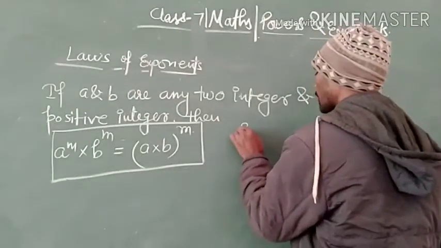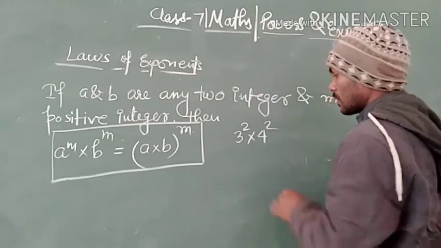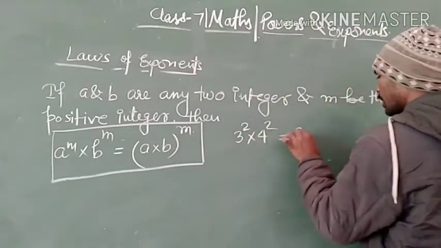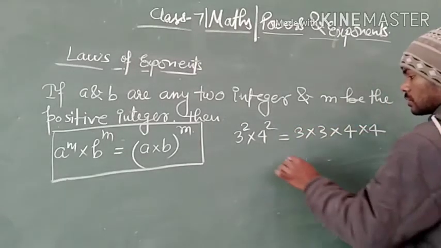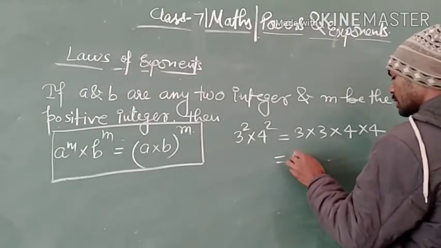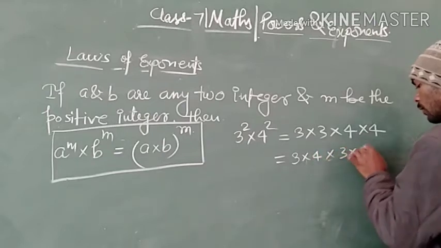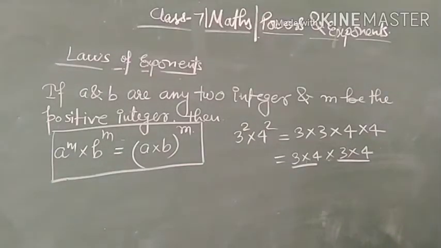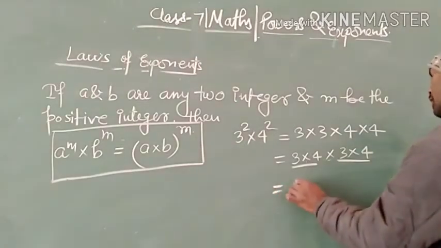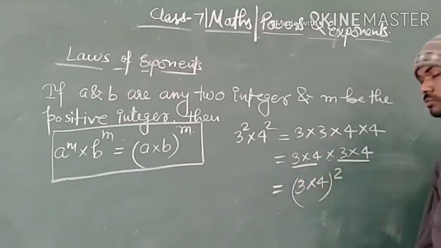Here 3 square into 4 square. It can be written as 3 into 3 into 4 into 4. So this may be rearranged as 3 into 4 into 3 into 4. So here we can see that 3 into 4 is multiplied to itself 2 times, and hence it can be written as 3 into 4 to the power 2.